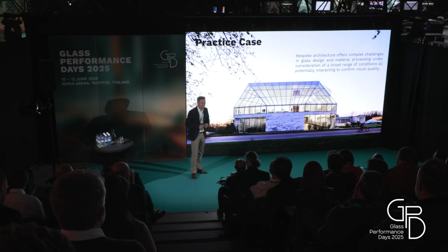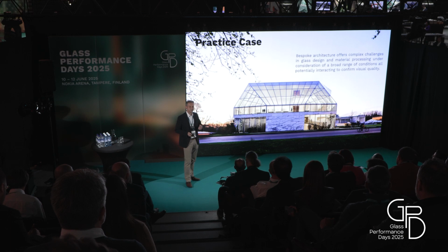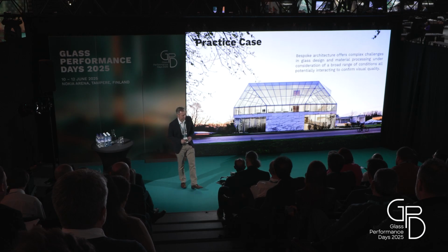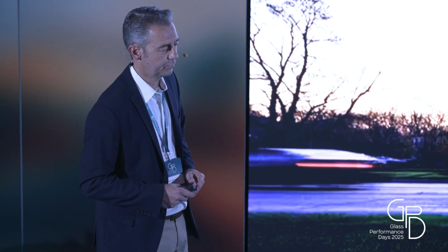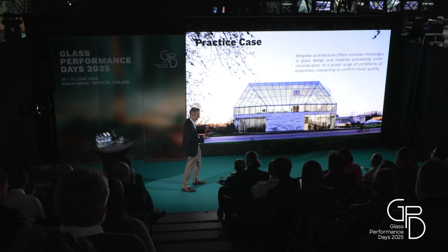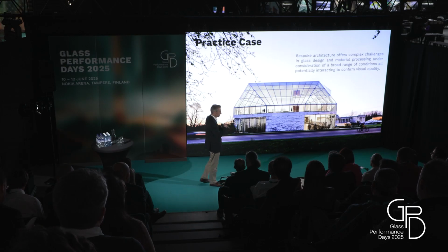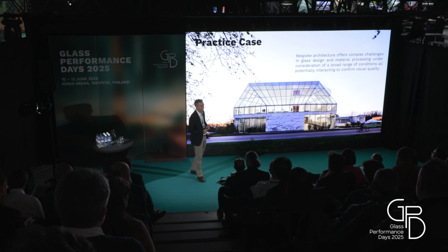Unfortunately, with irregular shaped glass, there is always a difficult approach when it comes to glass fabrication. How can I push the glass through the tempering furnace? In which direction? Is that the same direction I am printing the glass and pushing it through a printer? In this particular case, the architect wanted to go into the nitty-gritties and wanted a very small pattern with a high density of dots.